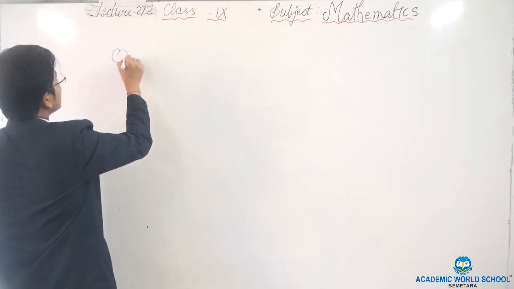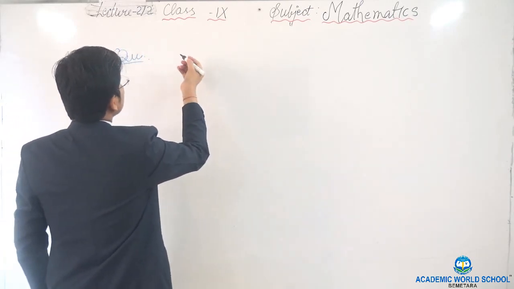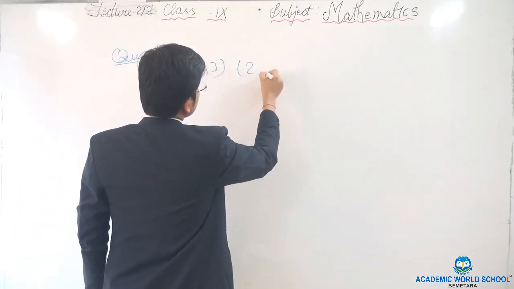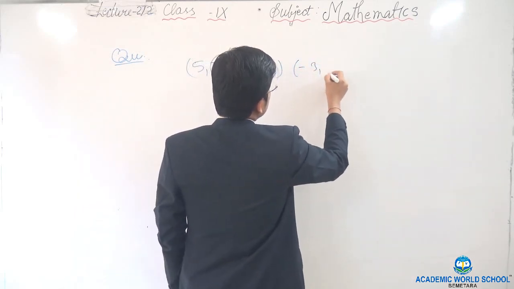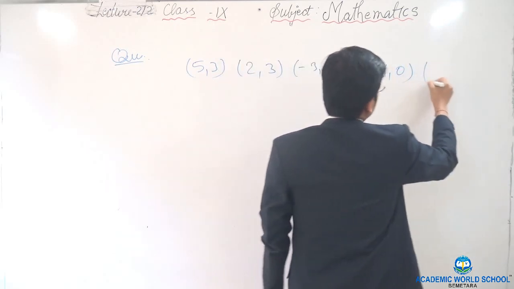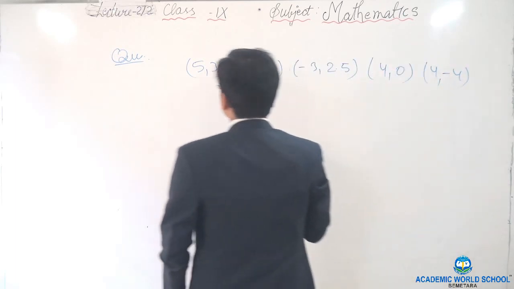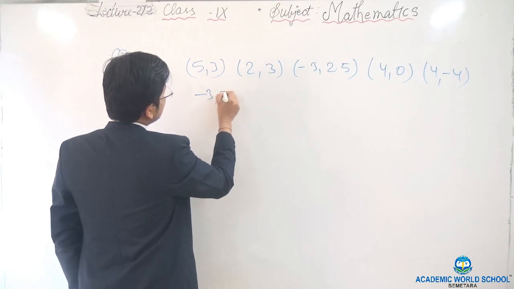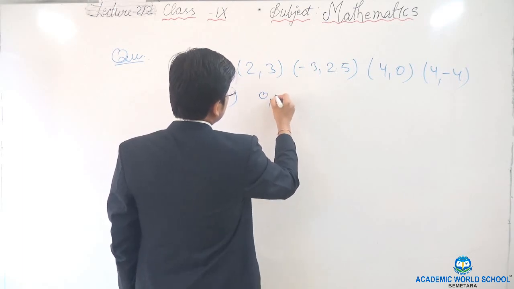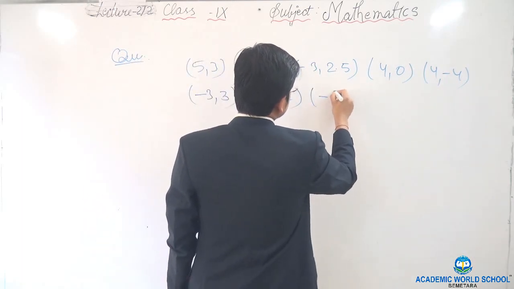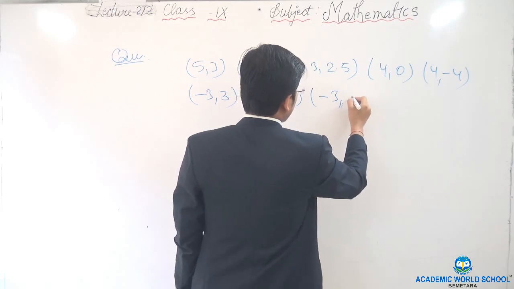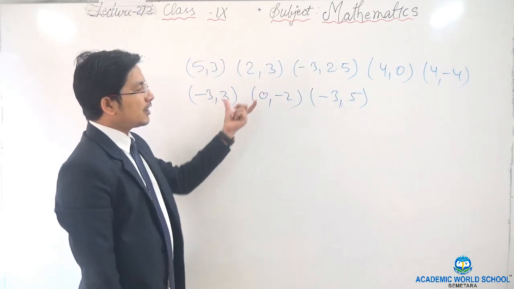So the question is to identify these points: 5, 3; 2, 3; -3, 2.5; 4, 0; 4, -4; -3, -3; 0, -2; -3, -3; 5. So you have to plot these points.